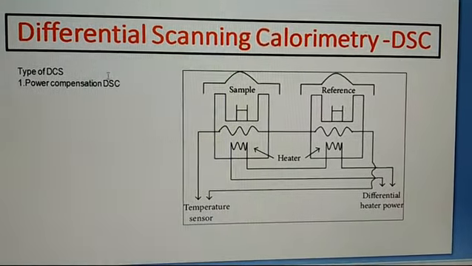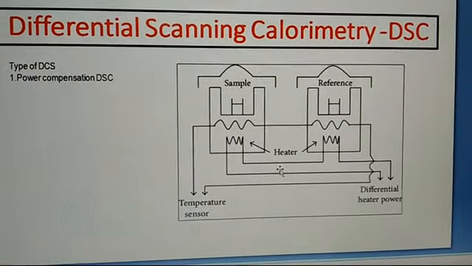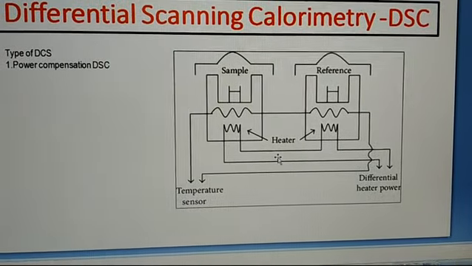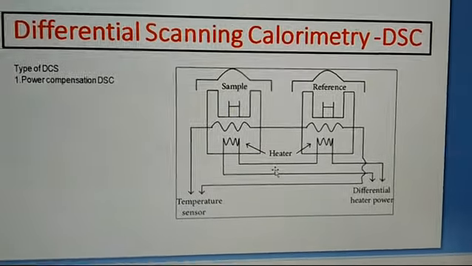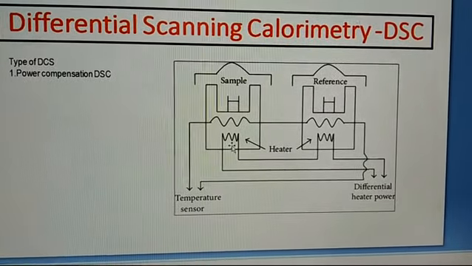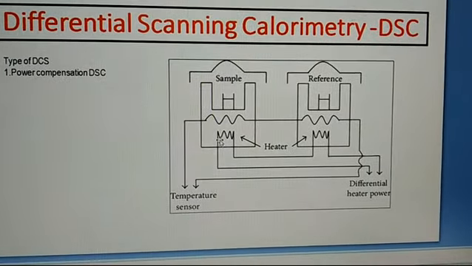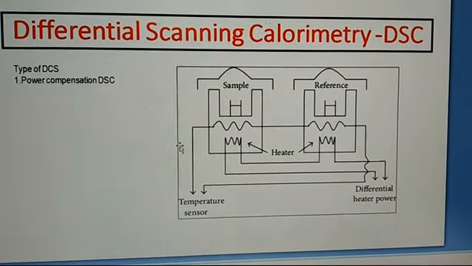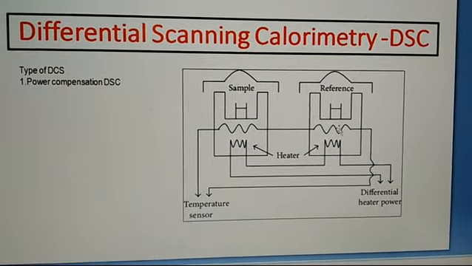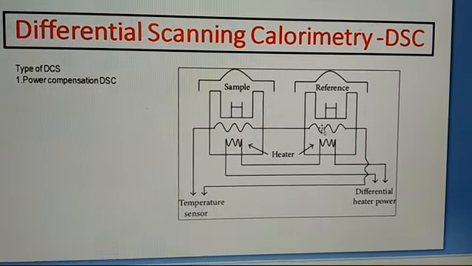When the material undergoes endothermic or exothermic reactions, it absorbs or requires heat. When the heater supplies the energy, these energies are measured by the temperature sensors. So in the power compensation DSC, we measure the two powers separately.